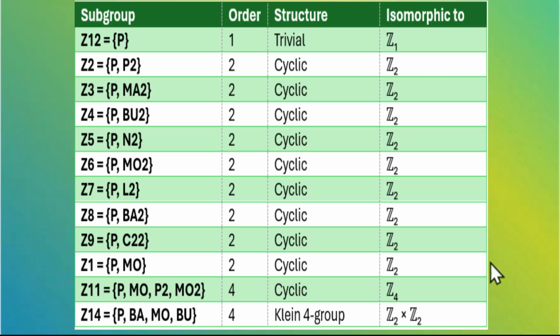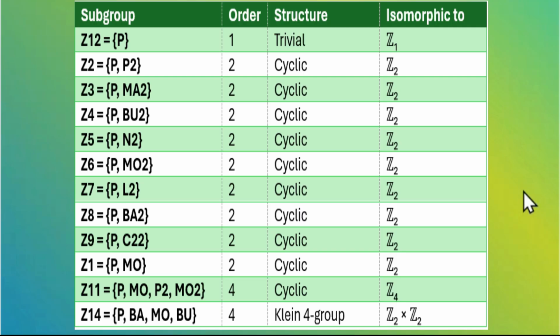Okay, so to summarize our table, it has cyclic subgroups of certain orders, and there are no cyclic subgroups of orders 8 or 16, since the full group is non-cyclic.